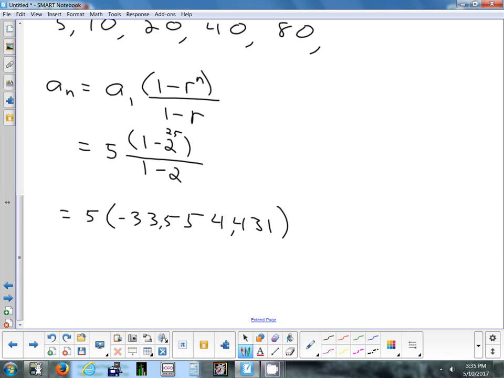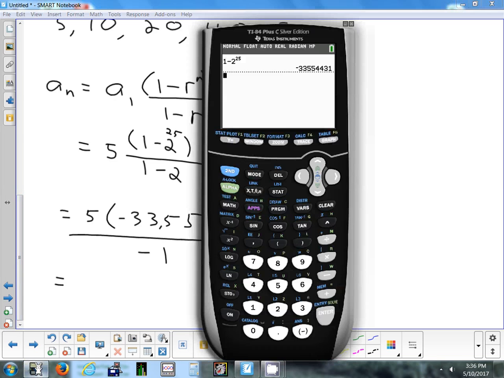It's not super huge, but it's pretty big. So it's 5 times negative 33,554,431 divided by negative 1. All right, so I'm just going to type that in. Times 5 divided by negative 1.